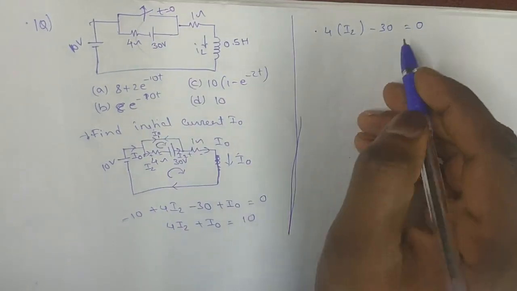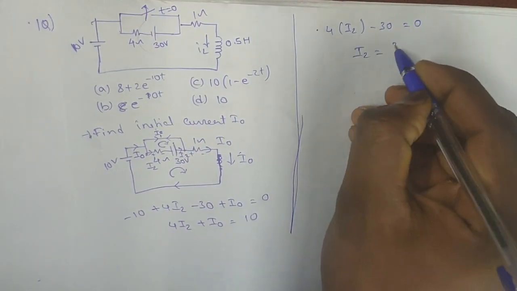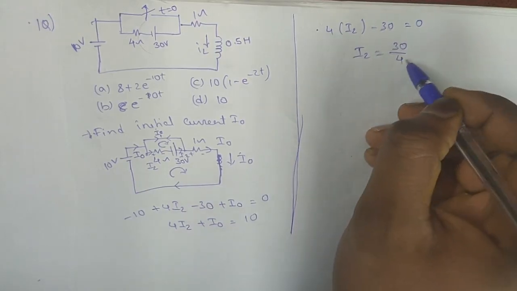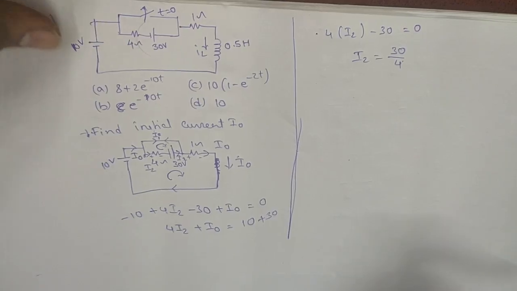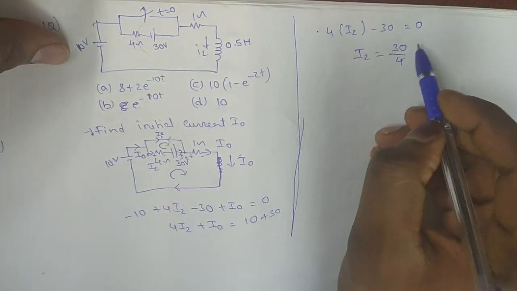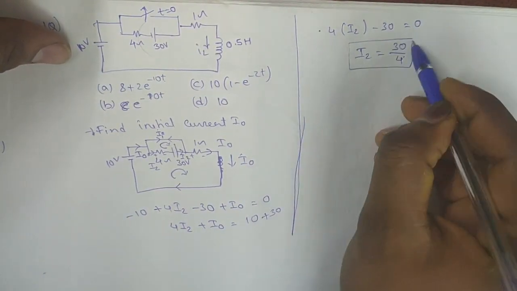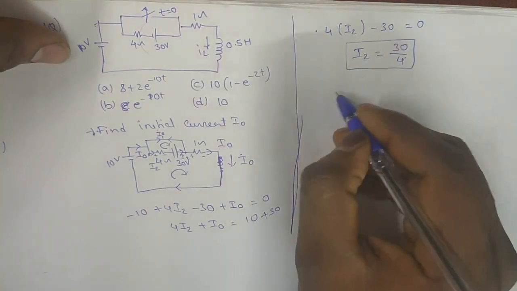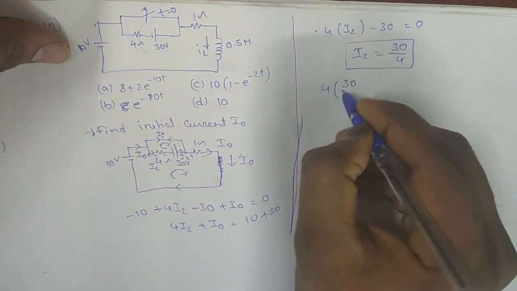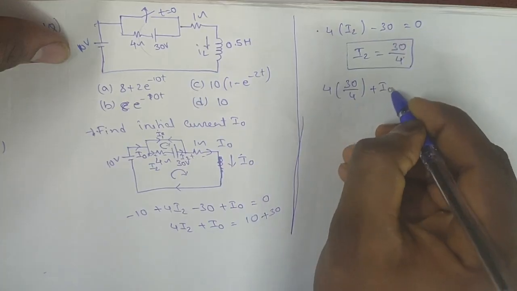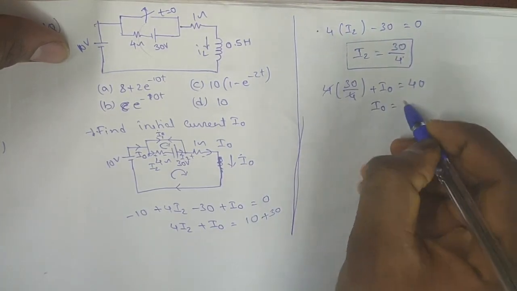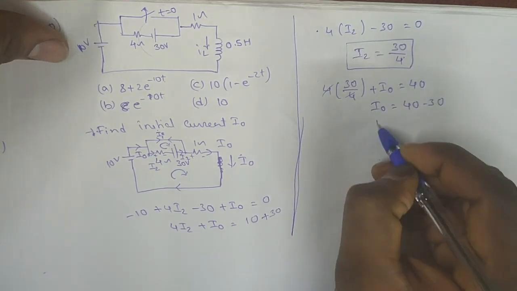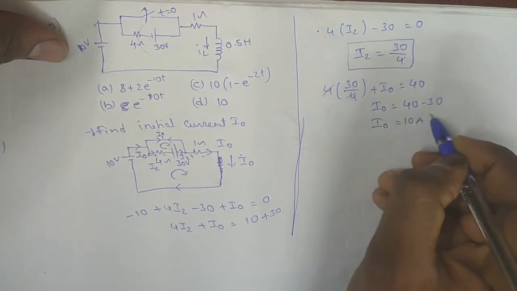So I2 will be 30 by 4. We got I2 is equal to 30 by 4. Substituting this value in this equation, 4 into 30 by 4 plus I0 is equal to 40. 4 cancels. I0 is equal to 40 minus 30. I0 will be 10 amps.